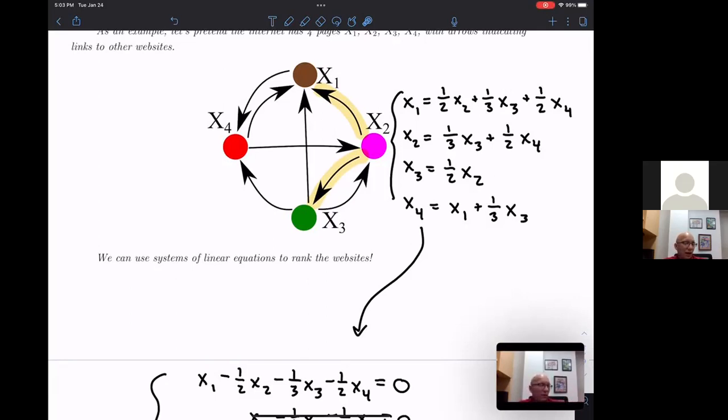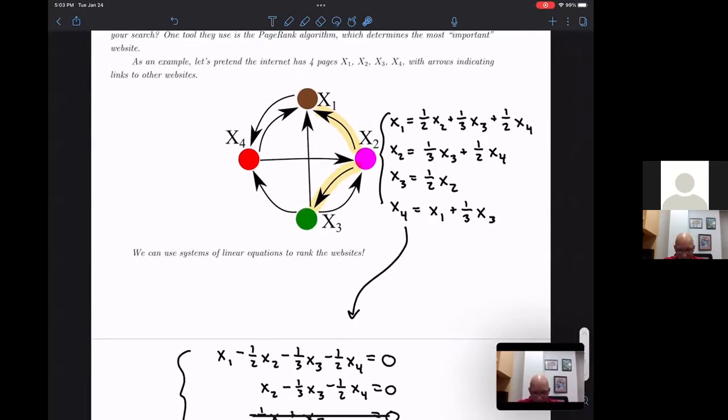And maybe that's not the right way to get the result. Maybe there's another way you can measure it, another metric that would make more sense. And so this is a big part of mathematics in the real world too, that there's not always a single way to interpret the data. There's not always a single way to set up a system. So given the way we set it up, in fact, X4 ended up being the most important. But maybe another way would have given you a different answer.